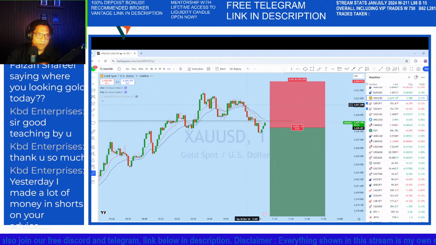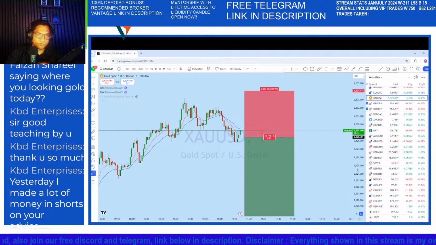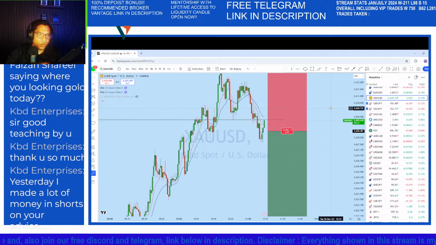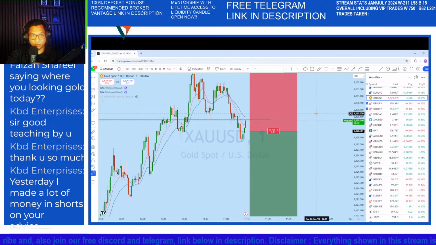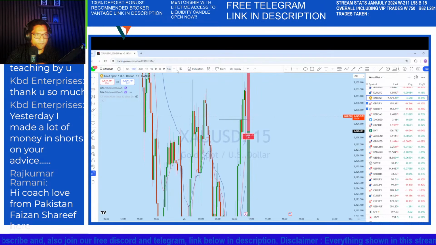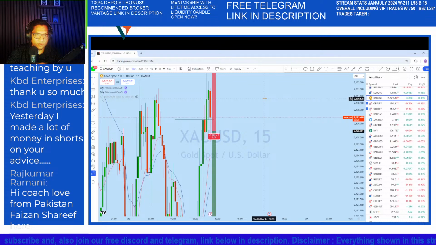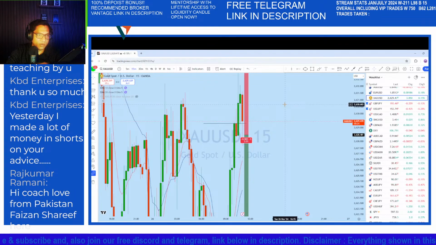Let's see the market. If we look at here, the gap open on the 15 minutes, the market has broken below.